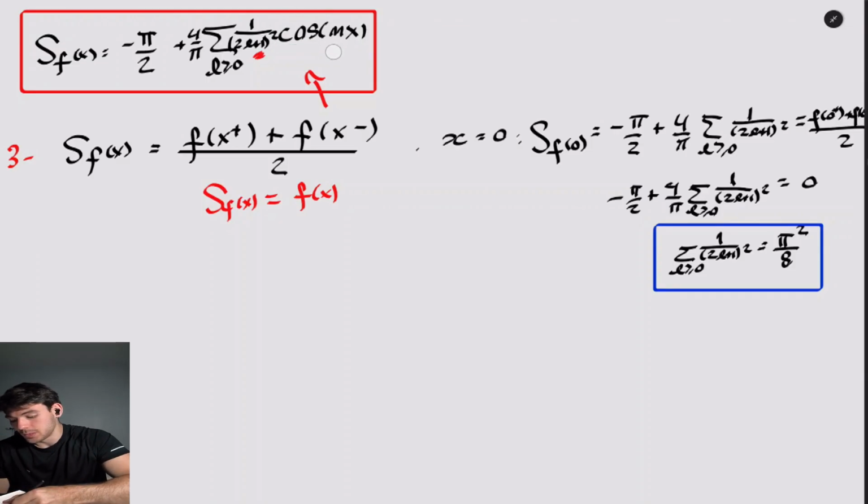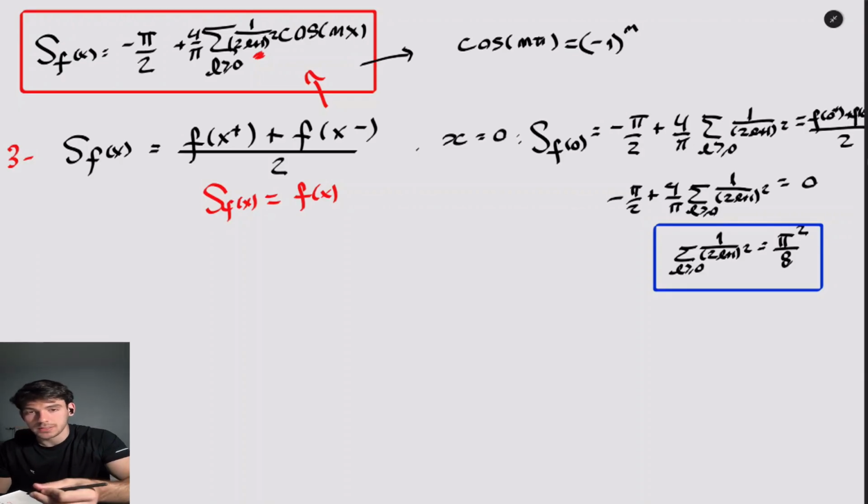So another point that we can use is pi, because if we use pi, we have cosine of n times pi, that's minus 1 to the power of n. We've already discussed that.